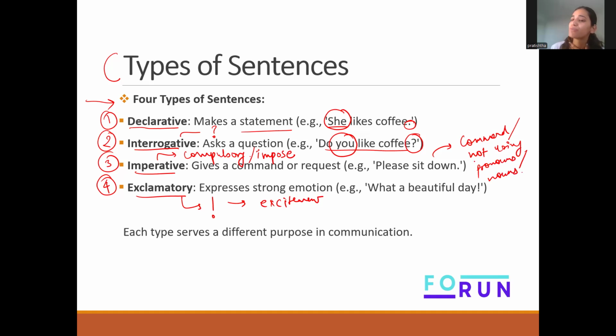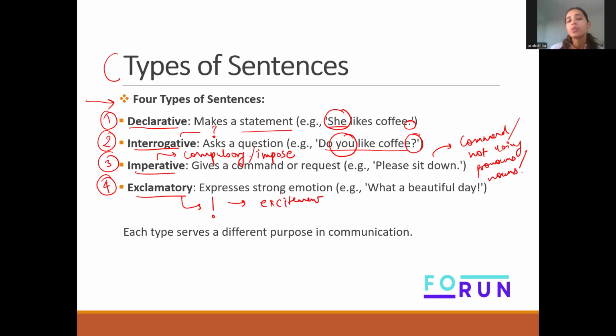So you don't really have a subject as such, right? So when I say please sit down, I'm giving a command to you, but I'm not saying you please sit down. If I use you or can you please sit down, it would either make it into an interrogative or a declarative sentence, right?